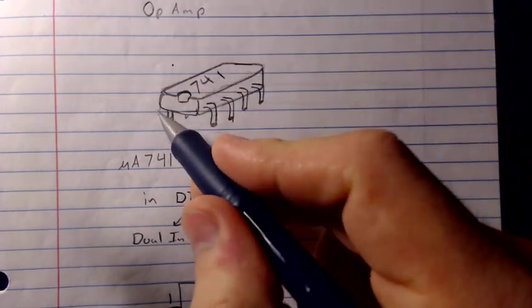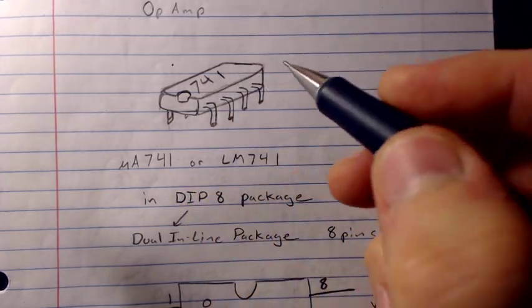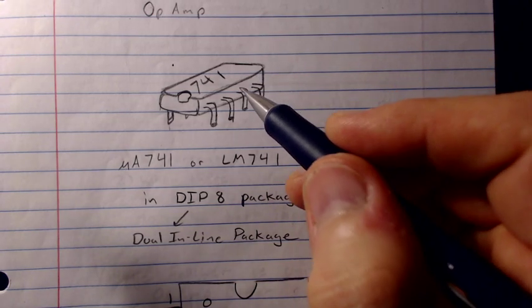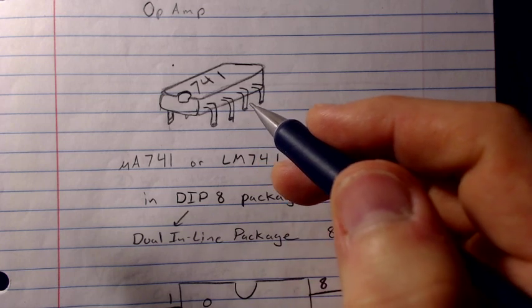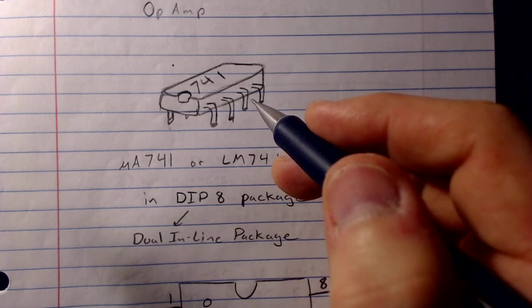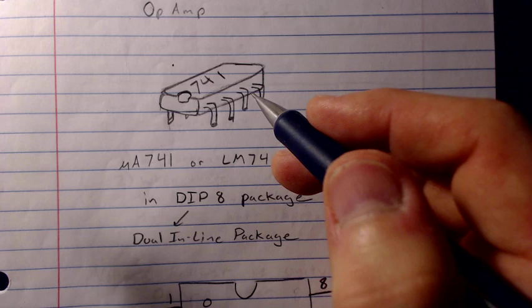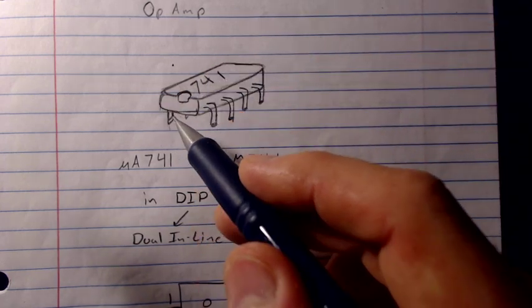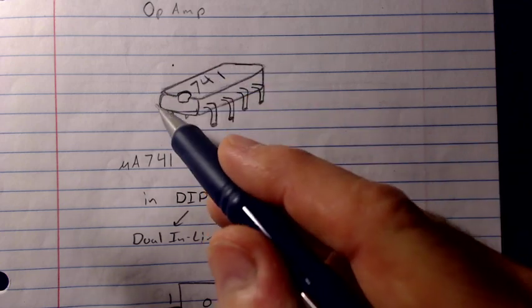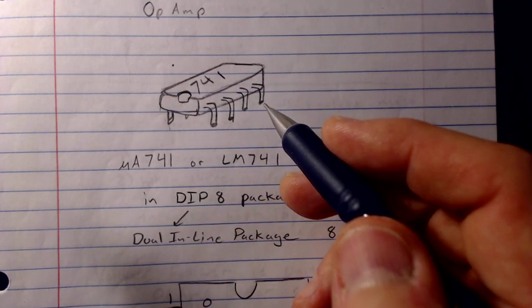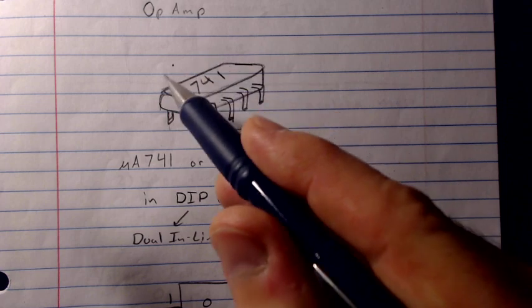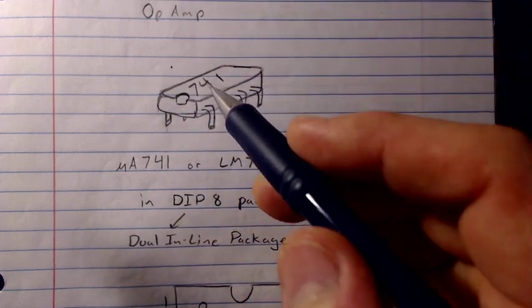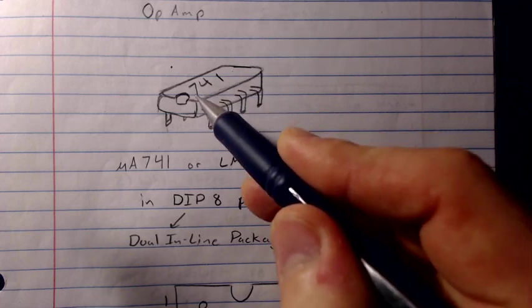Now, keep in mind, I can get this package and have all sorts of different things inside. I can have a DIP8 package that has a linear regulator inside, or a timer, or any sort of different component. But typically, when you use an op amp in your breadboarding, you're probably going to go to this standard DIP8 package, and the part number is written across the top.